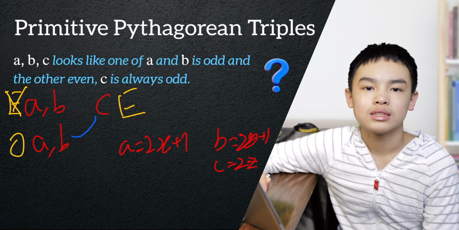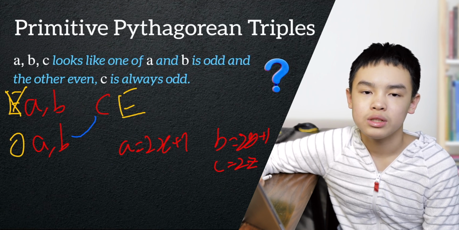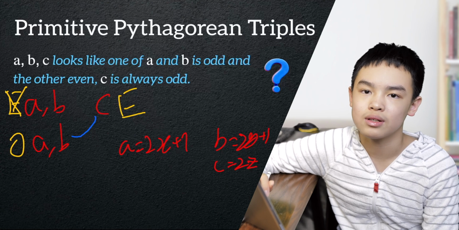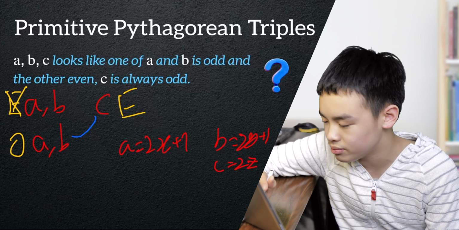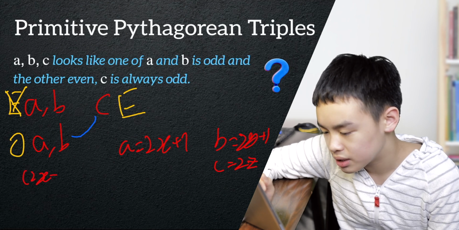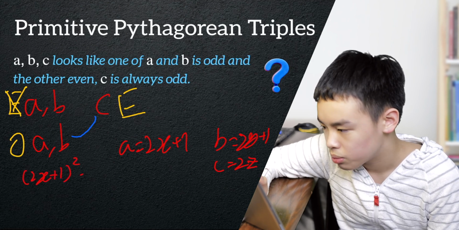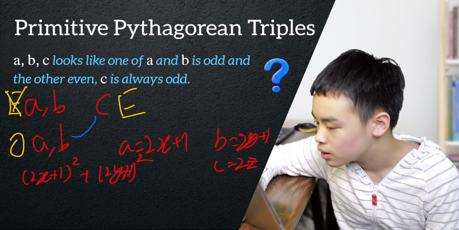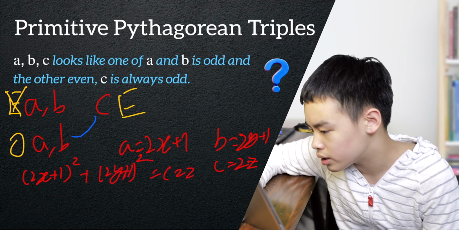Now, since we wrote these 3 equations, we can substitute it into a squared plus b squared equals c squared. And we get (2x plus 1) squared plus (2y plus 1) squared equals (2z) squared.